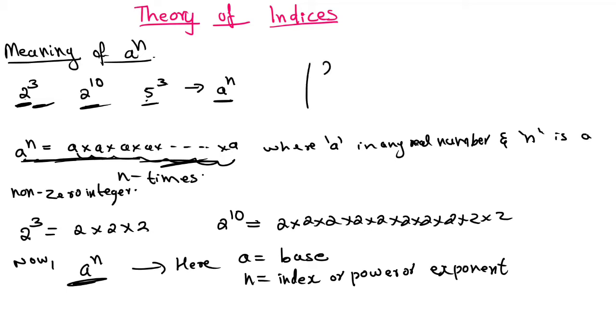In the case 2 to the power 3, what is the base? The base, that is a, is equal to 2. What is the index? Index equal to 3, that is power equal to 3.